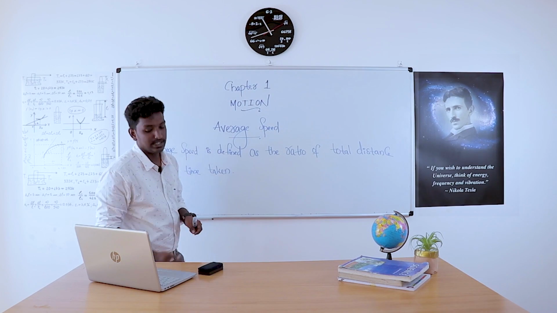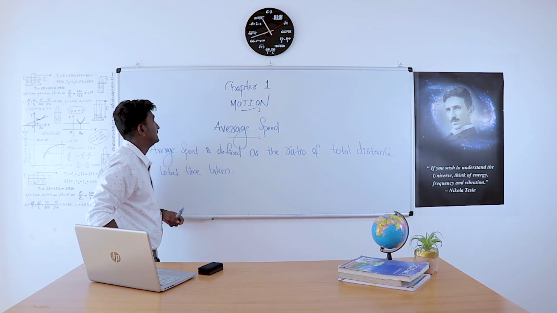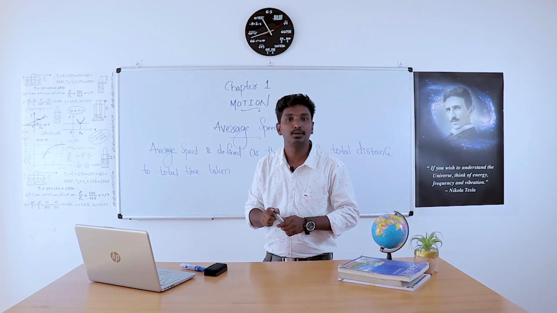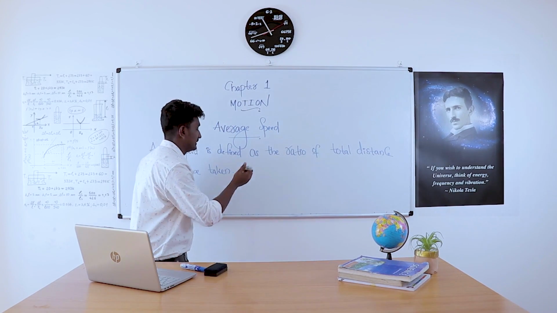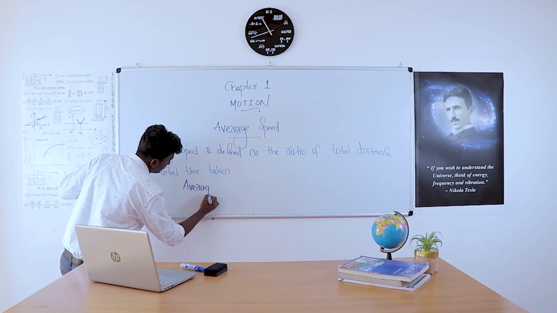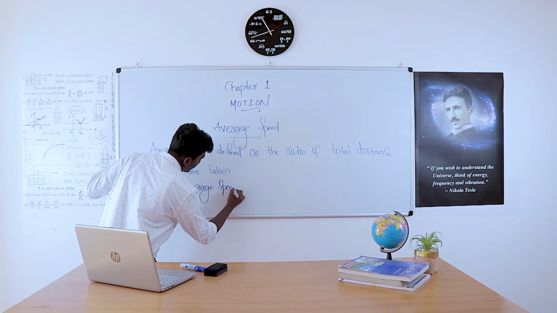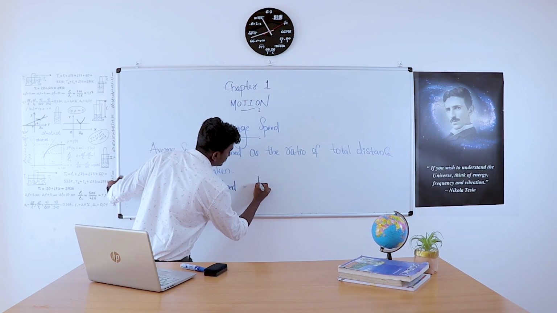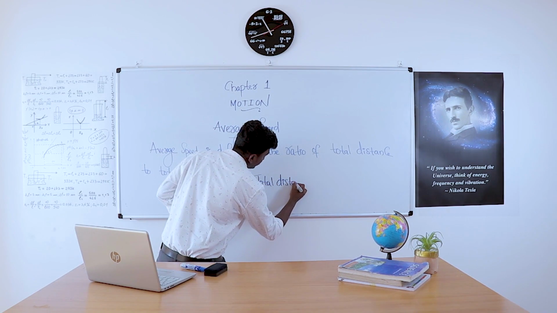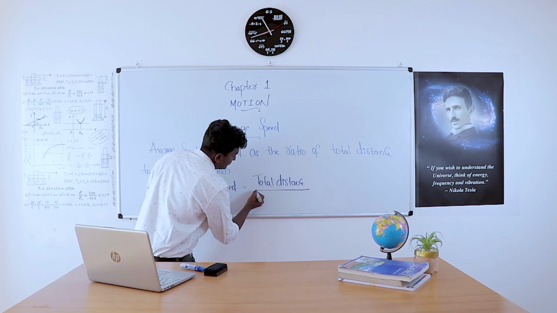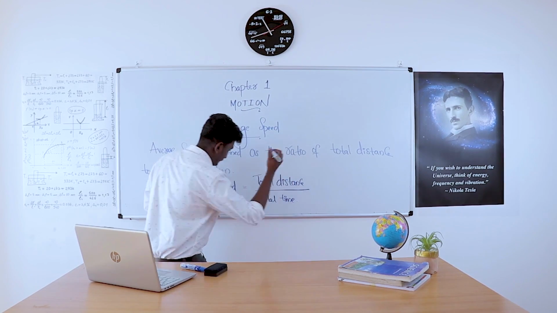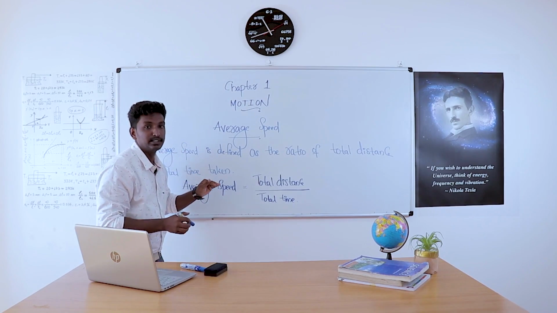Therefore, we can write average speed equal to total distance divided by total time.